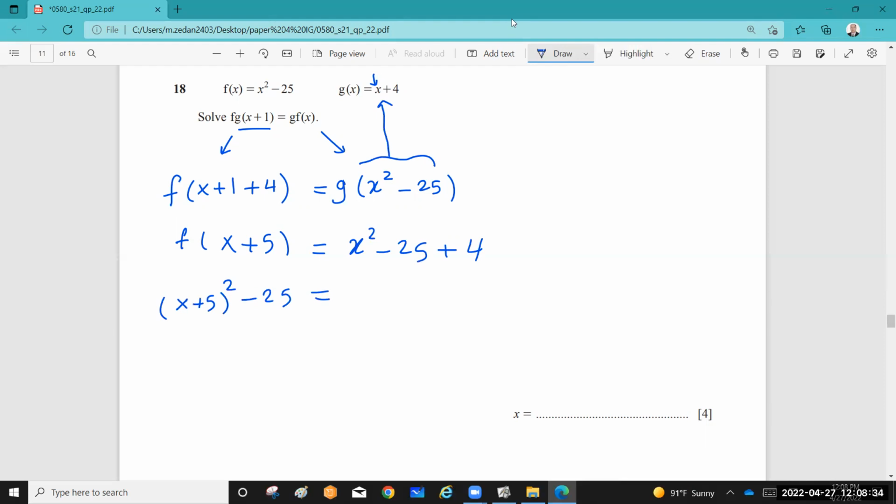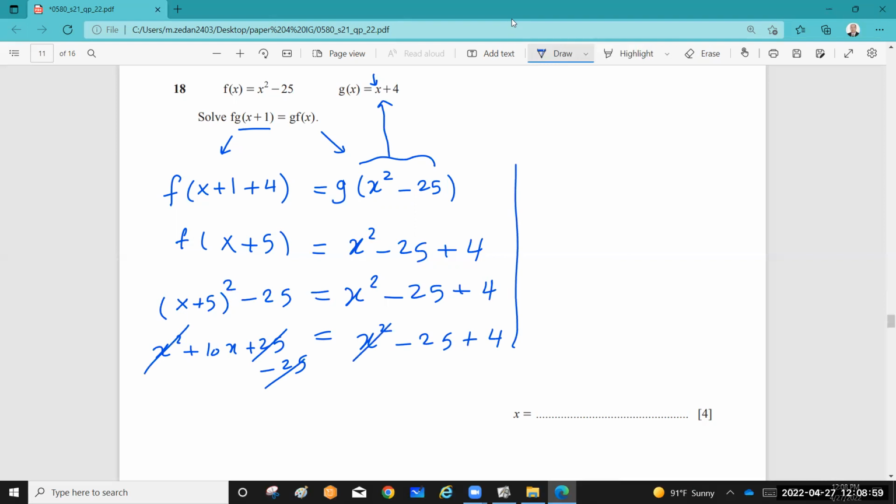The same here, x squared minus 25 plus 4. Now if you expand, x squared plus 10x plus 25 minus 25 equals x squared minus 25 plus 4. 25 minus 25 is 0, and x squared minus x squared is 0.